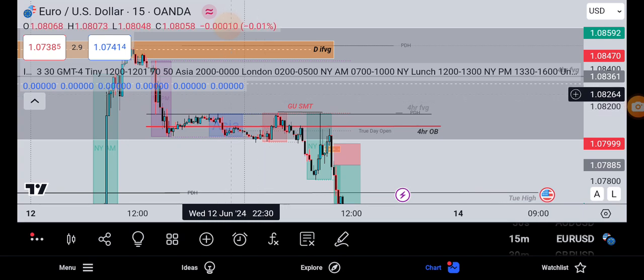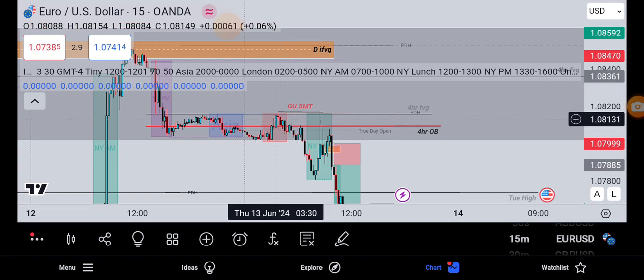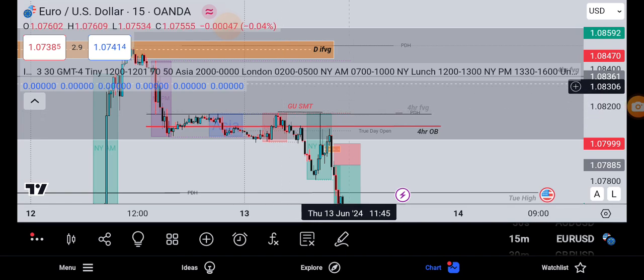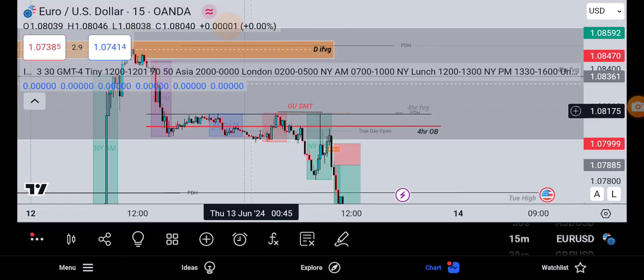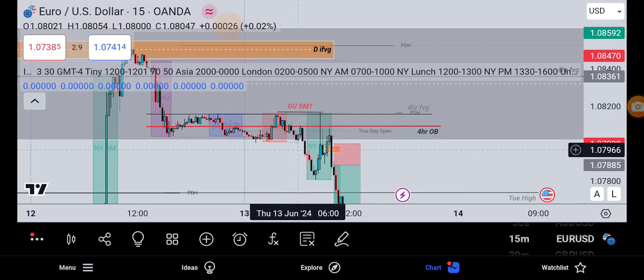These Asia highs were taken by a wick, and I saw the bodies of these 15 minutes candles were respecting this 4-hour fair value gap. We didn't have any candle body closing inside the 4-hour time frame, only a wick that cleared these Asia highs and also tapped into that 4-hour fair value gap. Then we had this drop lower.